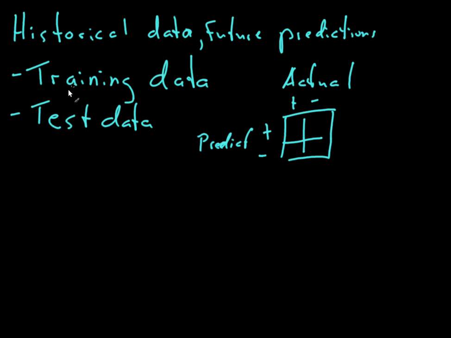But this is what we'll be working with. We have our training data and our test data, and this is the simplest way to break it up. And there's another method called cross-validation.